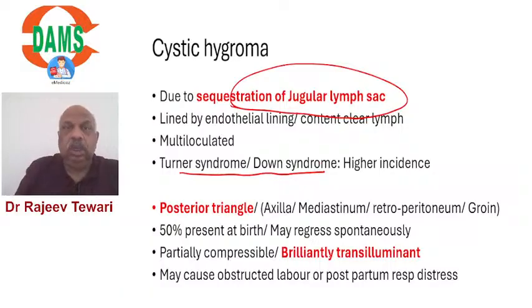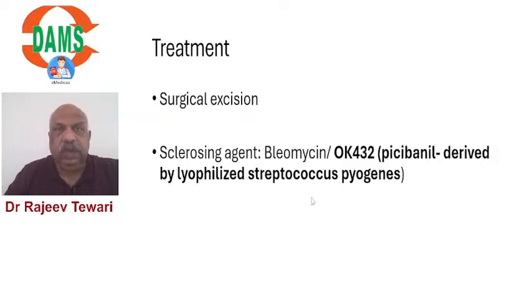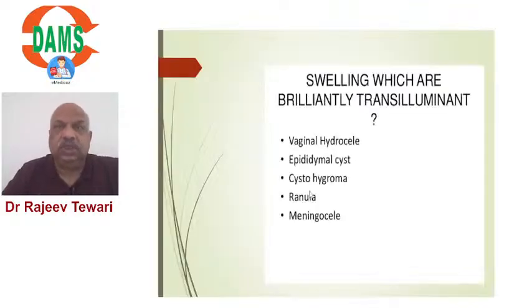Number 3, brilliantly transilluminate, and may cause obstructed labor or respiratory distress. Surgical excision is the main treatment, but you can go for sclerosing agent, which is OK432, picibanil, and these are the swellings which are brilliantly transilluminate.